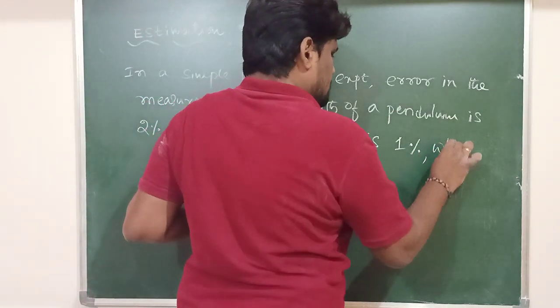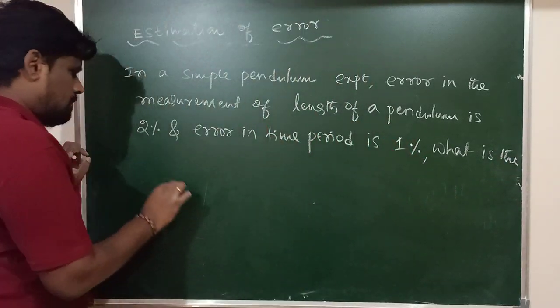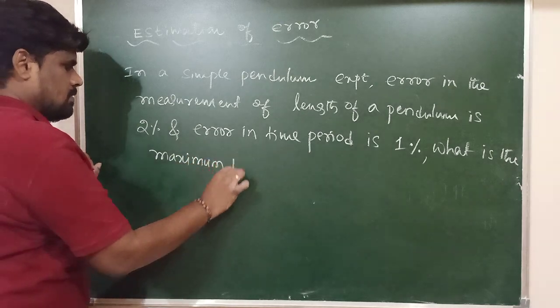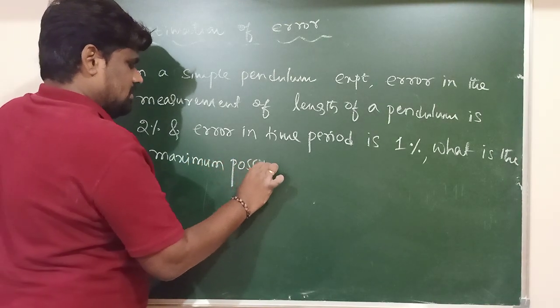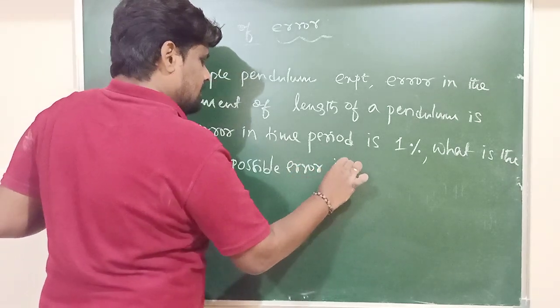What is the maximum possible error in G?